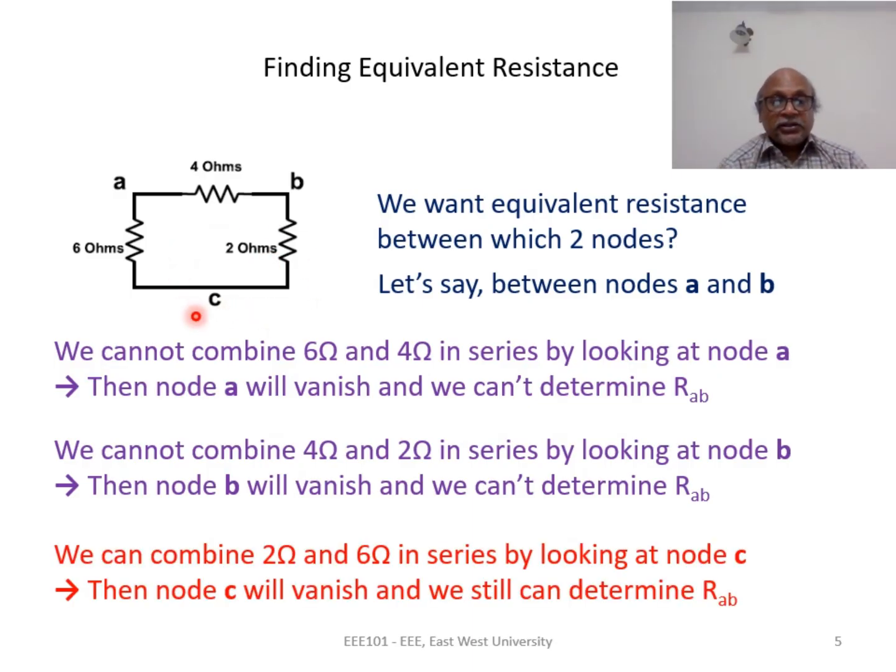If node C vanishes, we don't mind, because to find RAB, we need node A and node B. We do not need node C. So, in this circuit, this combination of 6 ohms and 2 ohms is permitted. However, 6 ohms and 4 ohms cannot be combined.